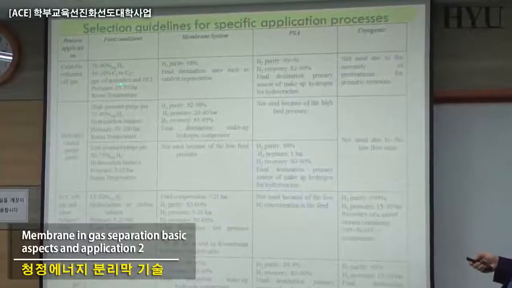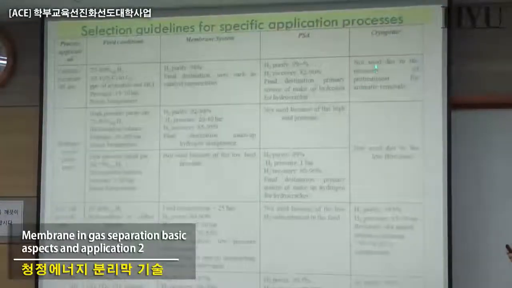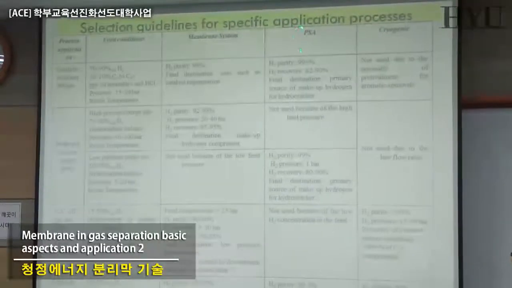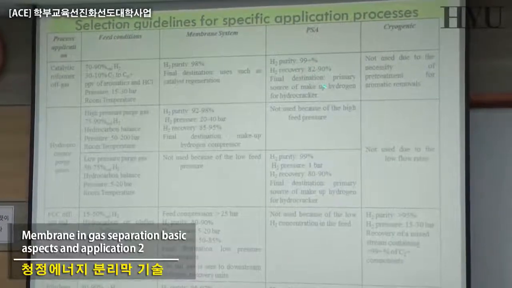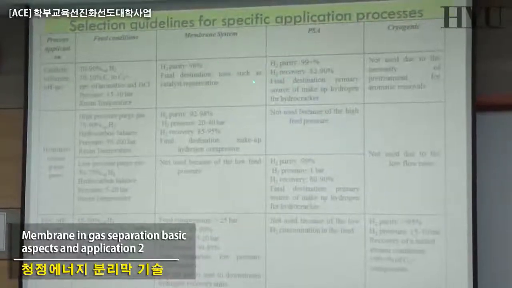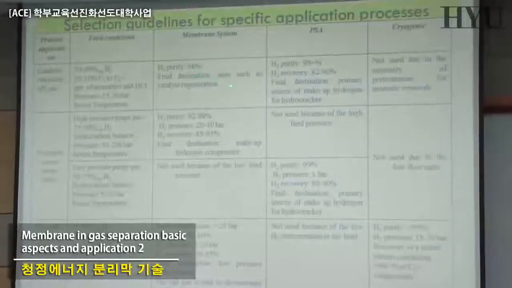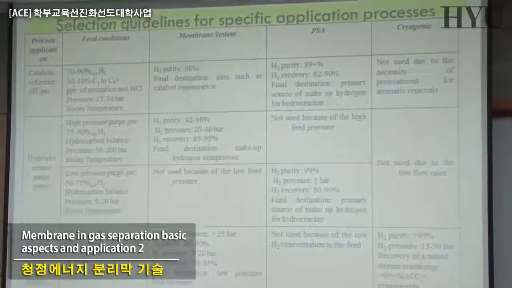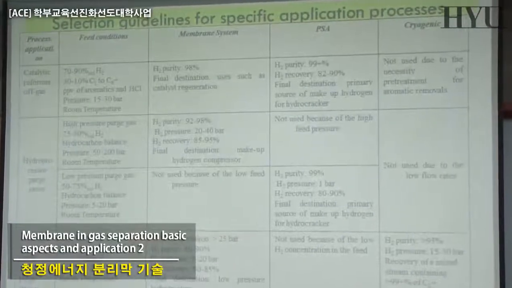So you know that in this specific kind of situation, the cryogenic, PSA, if you want, can also be better, but the two systems can compete. Here you are 99 versus 98, and basically the two systems are in competition.